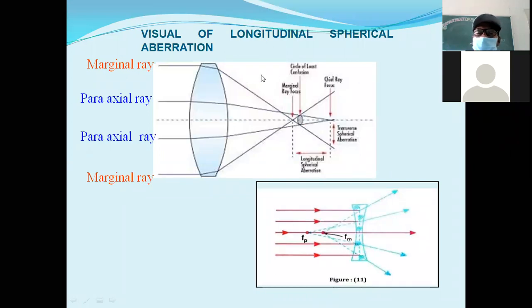But at the meeting point of the marginal and paraxial rays, see here, this is the marginal ray and this is the paraxial ray. These two are meeting. So at these points where the marginal and paraxial rays meet, the image will be formed with minimum defect. So this position is called the circle of least confusion.